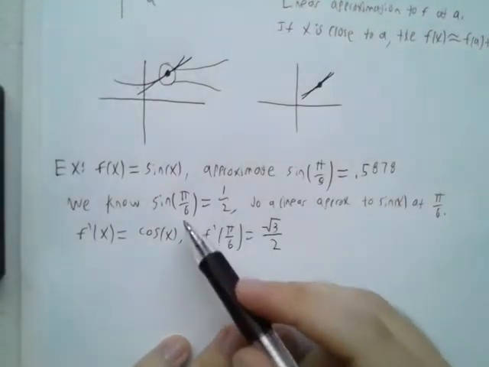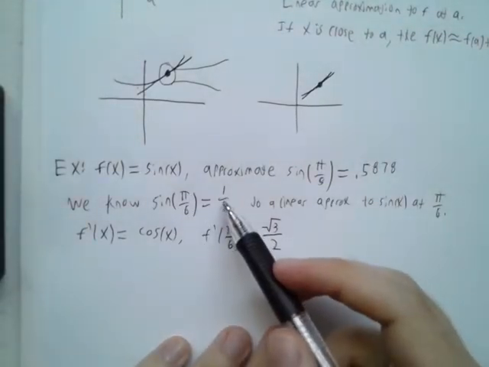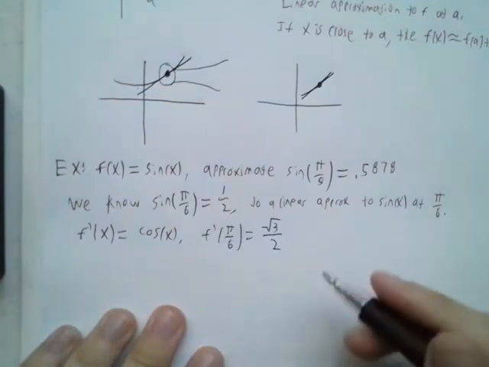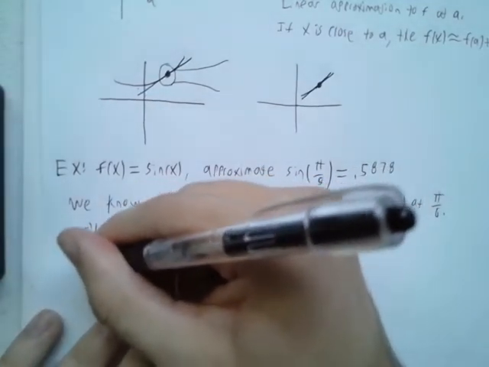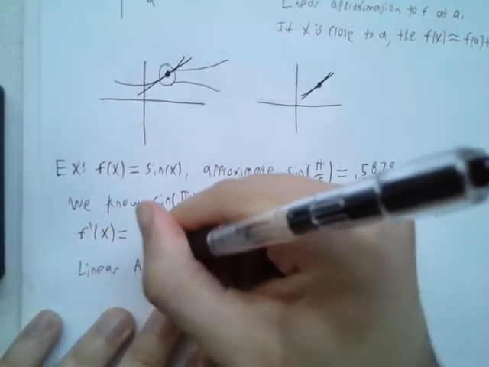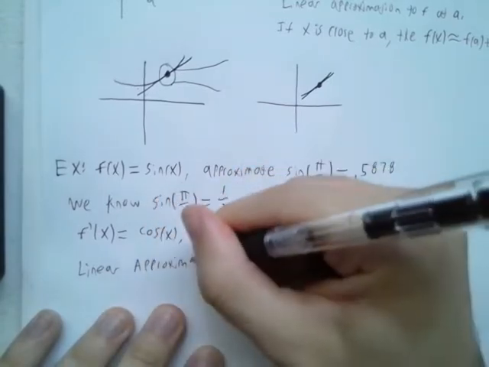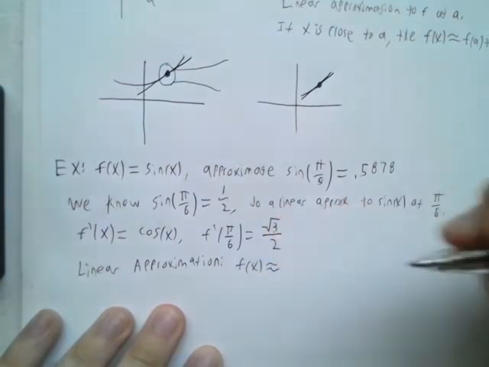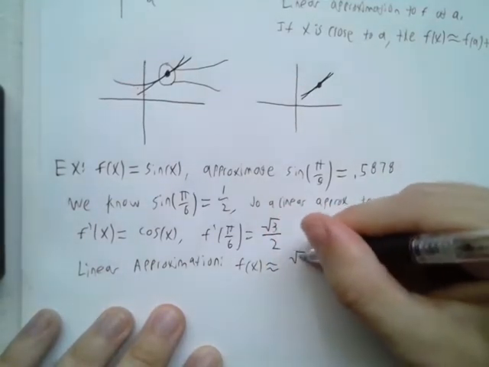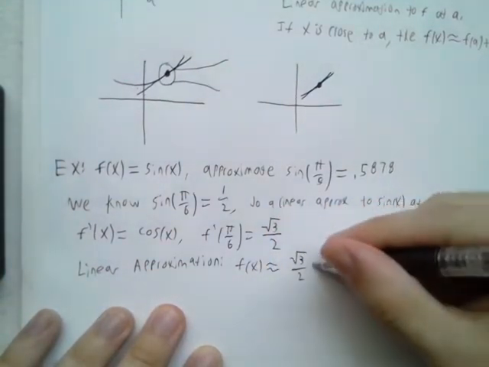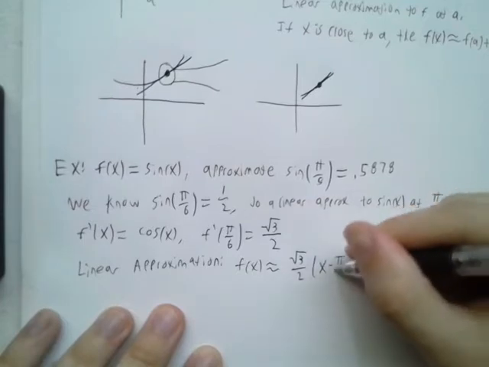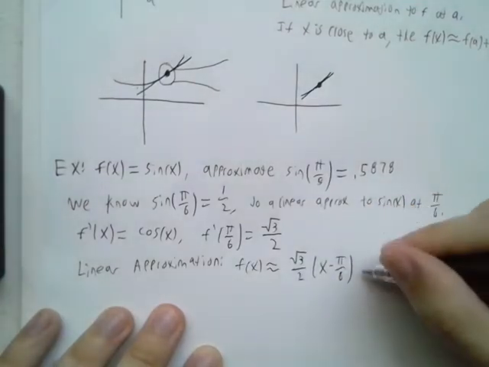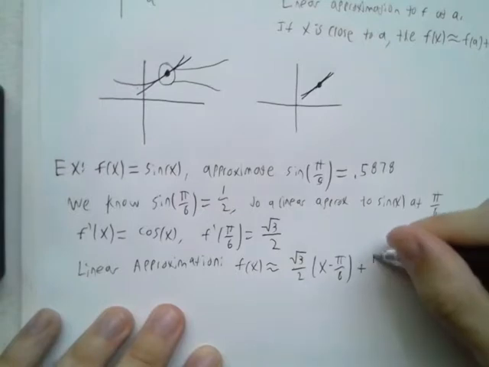We know a point on the curve already is pi over 6 comma 1/2, so we can write down the equation for the tangent line. So f of x is approximately equal to square root 3 divided by 2 times x minus pi over 6 plus 1/2.